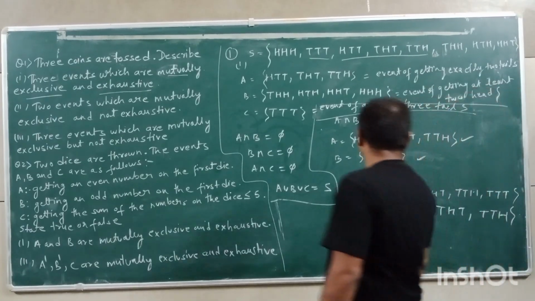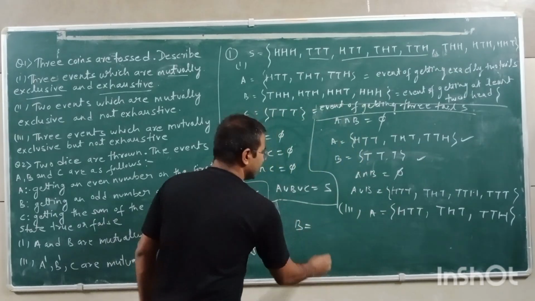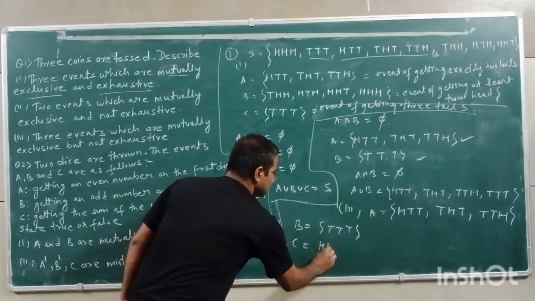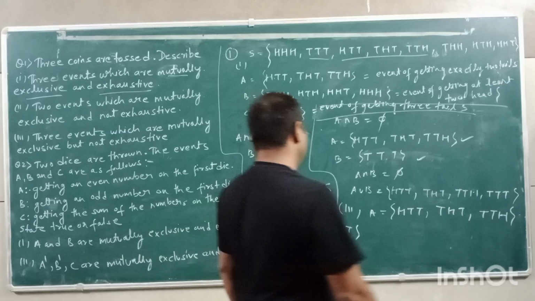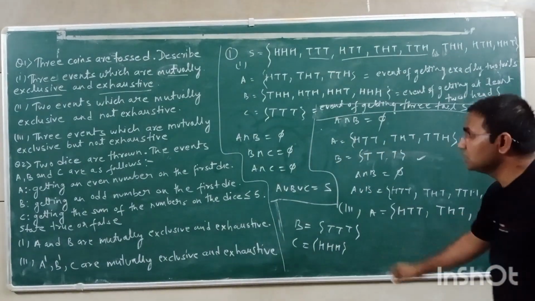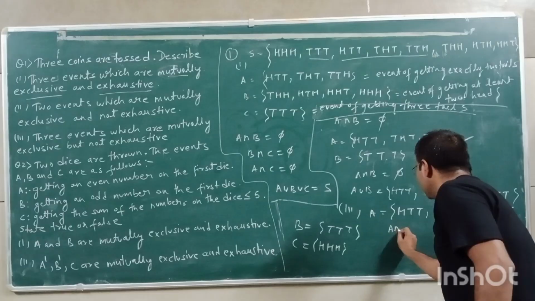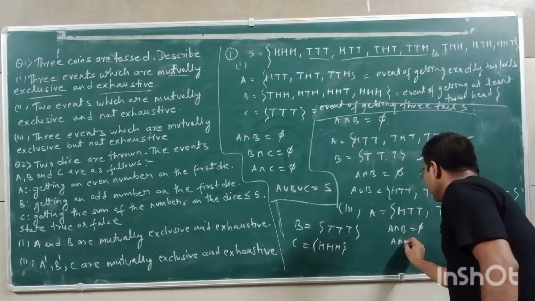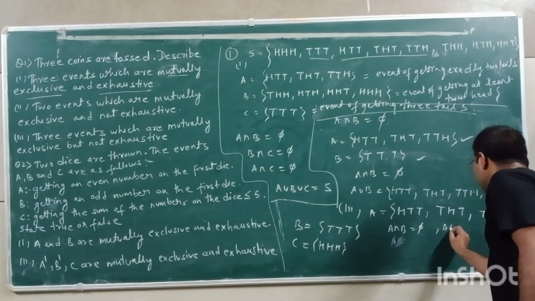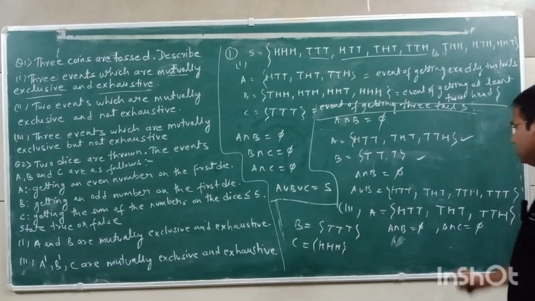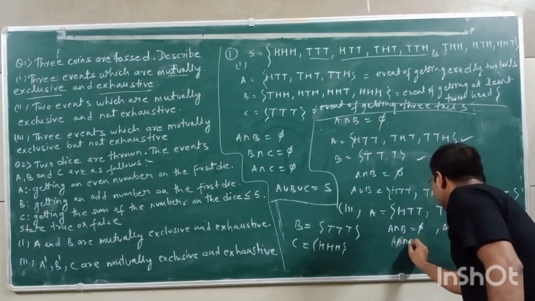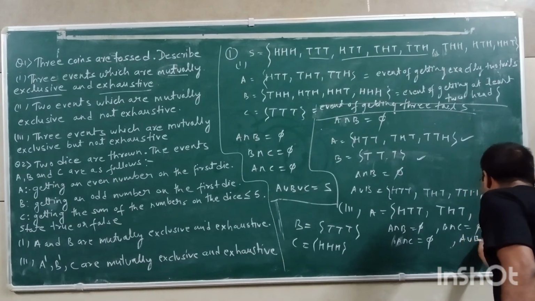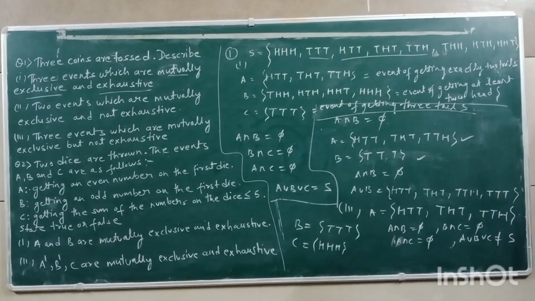And suppose B you are taking TTT, and C you are taking triple H. Mutually exclusive means A intersection B is phi, B intersection C is phi, and A intersection C is phi.